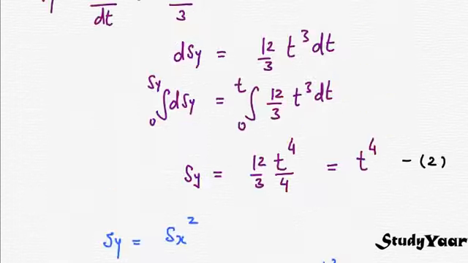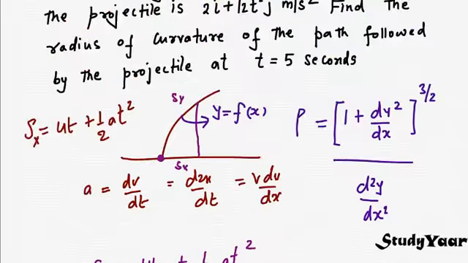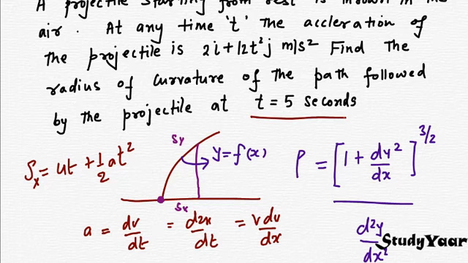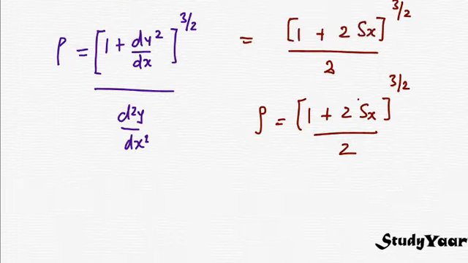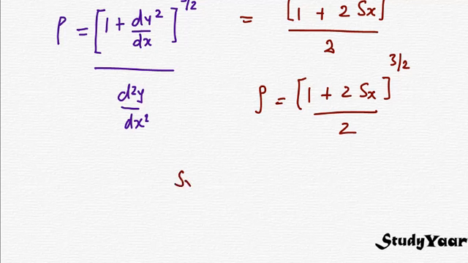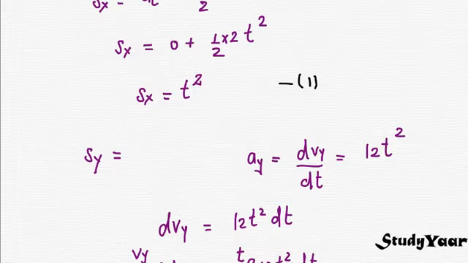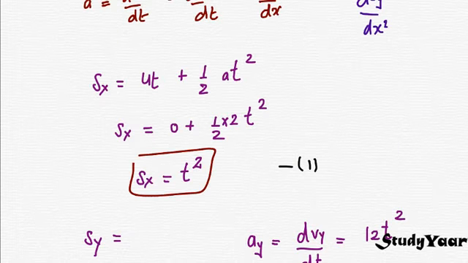I need to find out my rho at t is equal to 5 seconds. So I have to find out what is Sx at t is equal to 5. My Sx is given by t square.